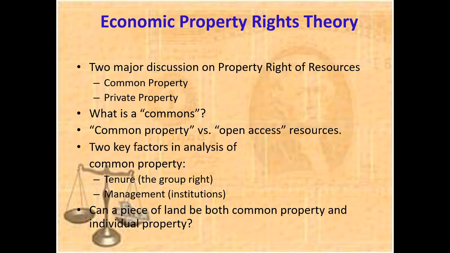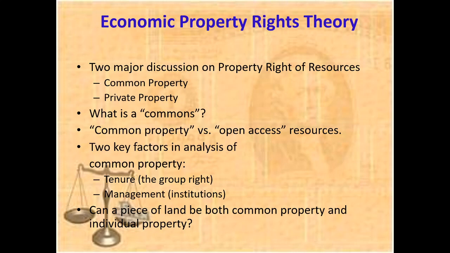First of all, there are different varieties of property: common property, private property, state property, then open access, etc. These are there as the parcels of land or right. Within that context, we are going to talk about common property.